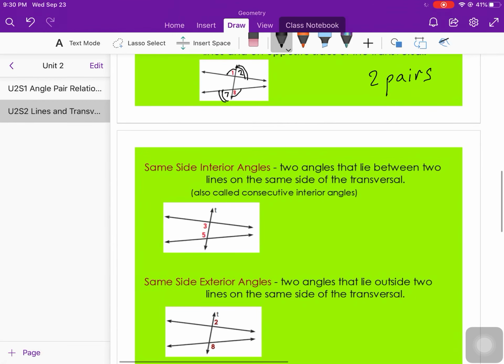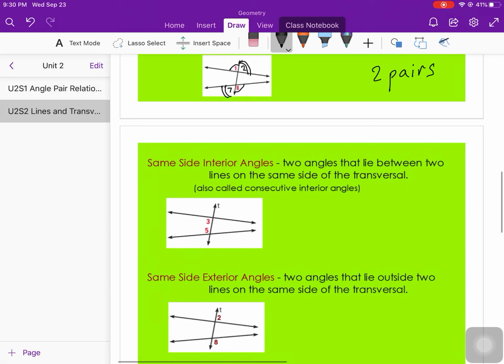Then we have same side interior angles. You'll also see these called consecutive interior angles. Consecutive and same side are talking about the same thing: 2 angles that lie between 2 lines on the same side of the transversal, either on the left side or the right side of it. So we have 3 and 5, and 4 and 6 would be another pair.